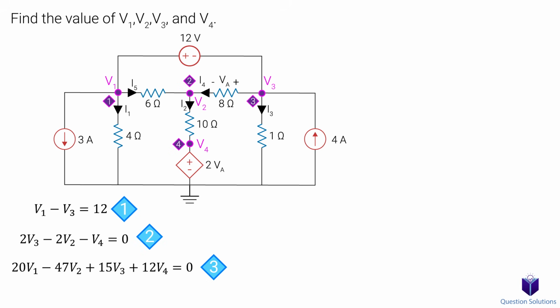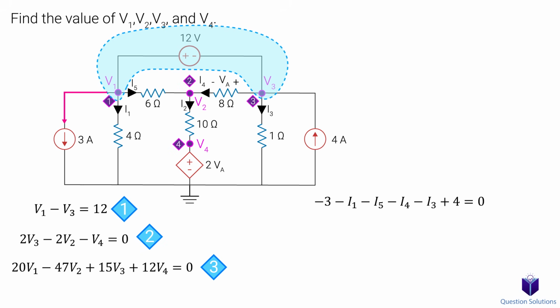We need one more equation, and we can't write any KCL equations for node 1 or node 3 because of this voltage source on top. We have no idea about the current flowing through it, so instead we need a supernode. We can draw it to cover the voltage source and nodes 1 and 3. So now we can write a KCL for this supernode.